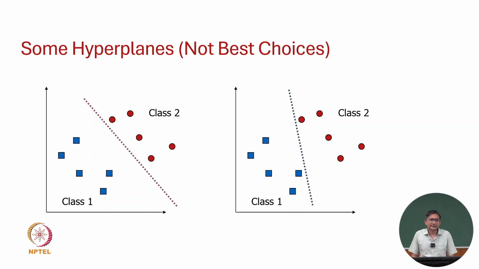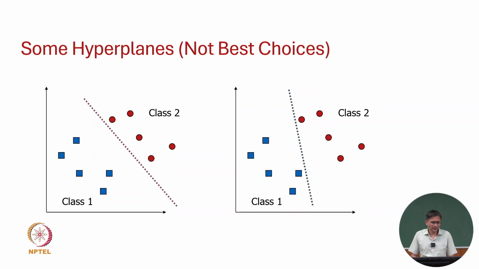In some sense, I would say this example is even worse than the left side example. Before going to the next slide, give it a moment to think about why I'm saying the right side one is worse than the left side one. The left side one has more or less the right orientation, as we see. The right side one doesn't even have that.